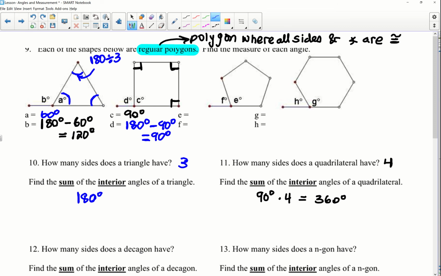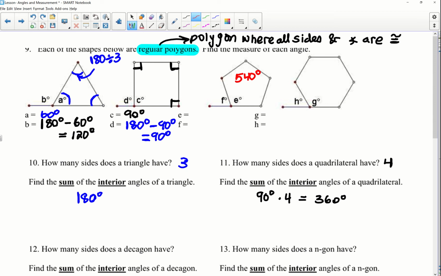All right, so there are, and I'll just give this to you, there's a total of 540 degrees in, this is a pentagon. All right, total of 540 degrees.